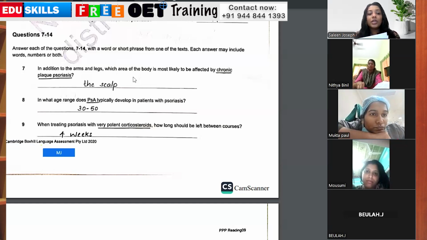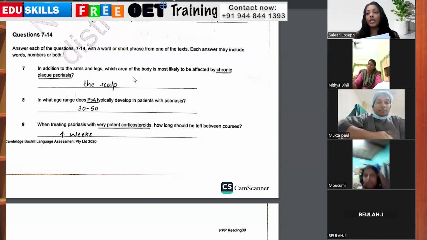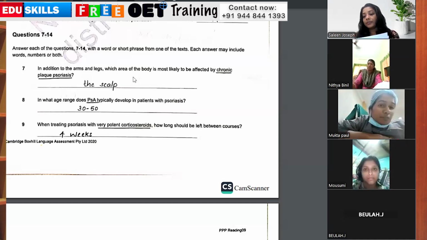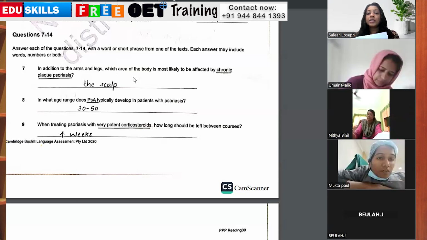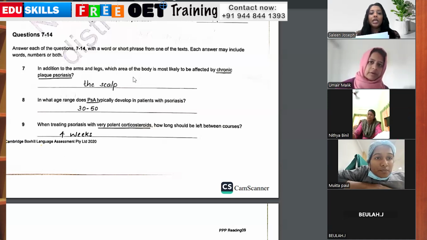So in these three ways, you can write your answer for question number 8. Now, when treating psoriasis with very potent corticosteroids, how long should the gap between treatments be? It is 4 weeks.